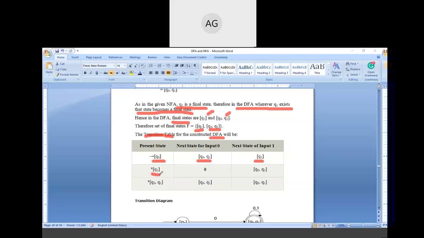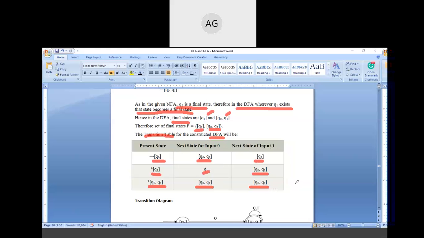From Q1, which is the final state of the NFA, on input 0 we get phi, and on input 1 we get Q0 Q1. Now we already have the new state Q0 Q1 of this DFA. On input 0 it gets Q0 Q1, and on input 1 it also gets Q0 Q1. So this completes our transition table.